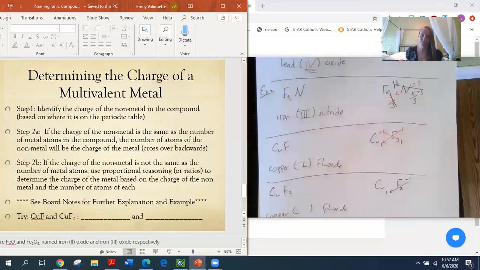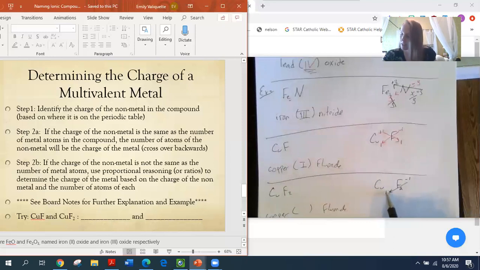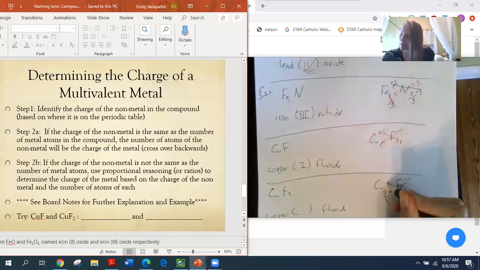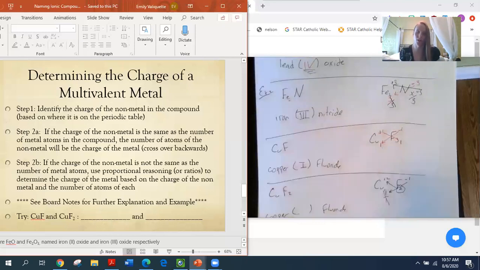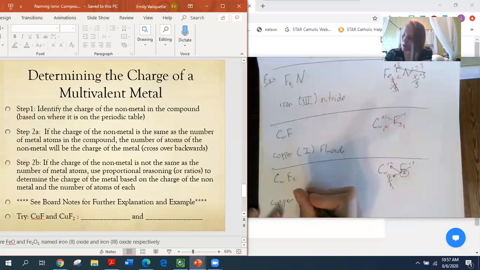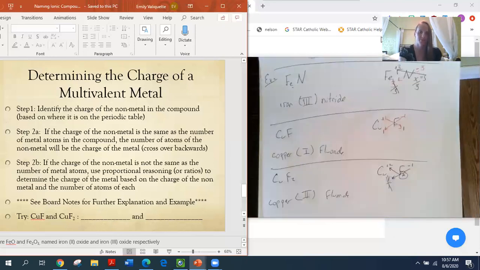And because in this case, nothing got canceled out, this was only a 1 to start off with. So if we divide that by 1, we're still left with 1, which we just don't bother writing in. That means that this 2 must actually be the charge of copper in this case. So our answer this time would be copper 2 fluoride.